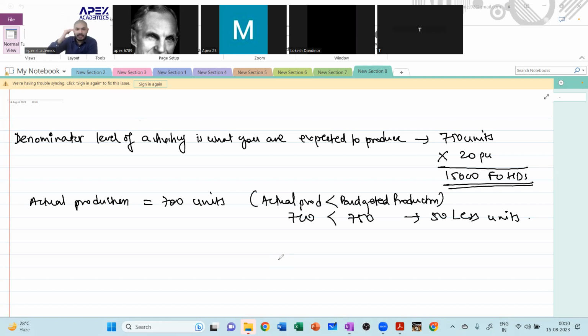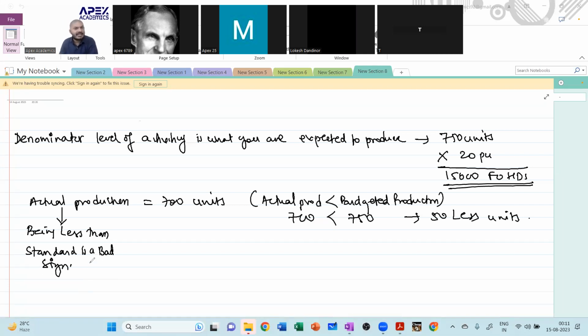What is the meaning of 50 less units? Basically, is it good or bad? This is a bad sign. Being less than standard is a bad sign. Why is it a bad sign?